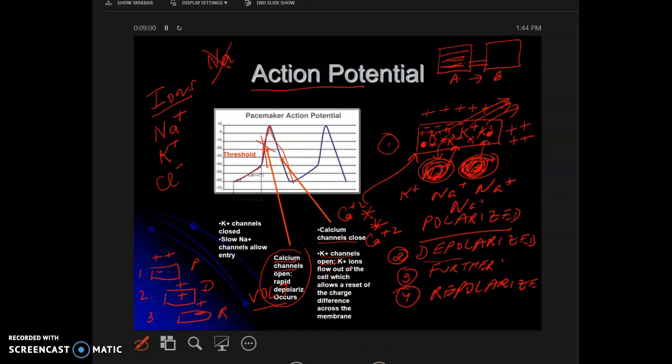Now, if there is an excess amount of potassium on the outside, that is going to interfere, and the heart will not go back into the next action potential. This is one action potential. This is another action potential. Are we understanding? So if a person is given an injection with a very high amount of potassium, the next action potential will not occur. Okay.